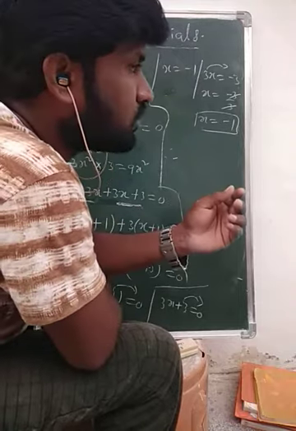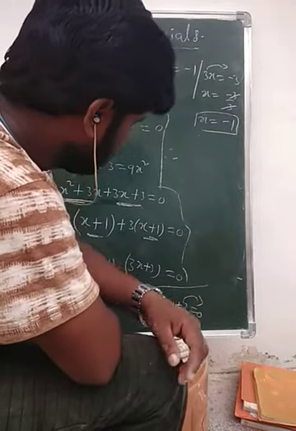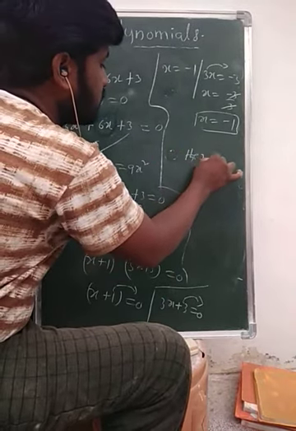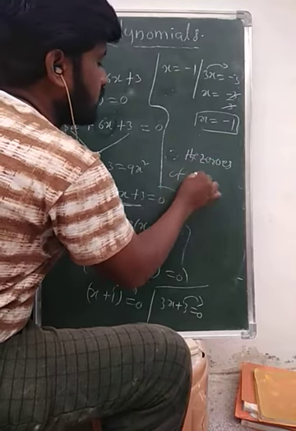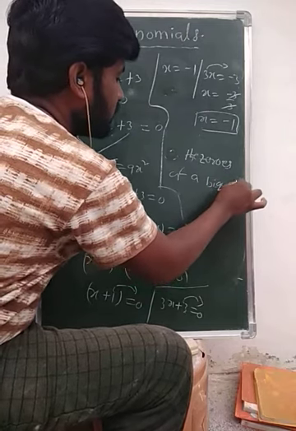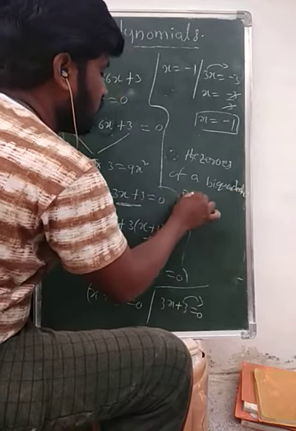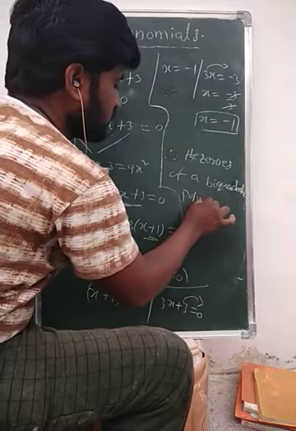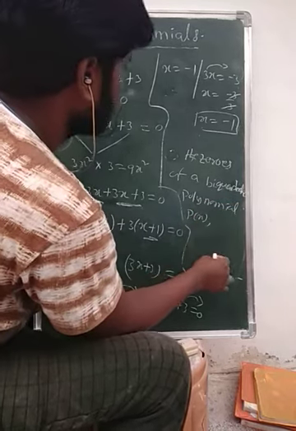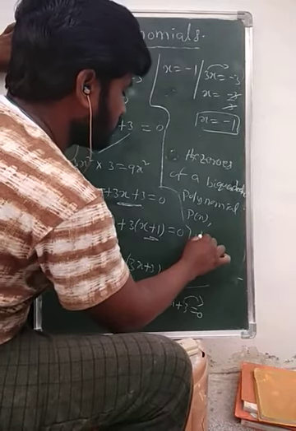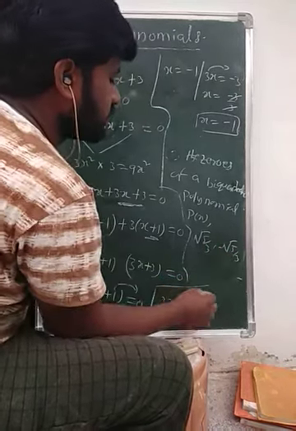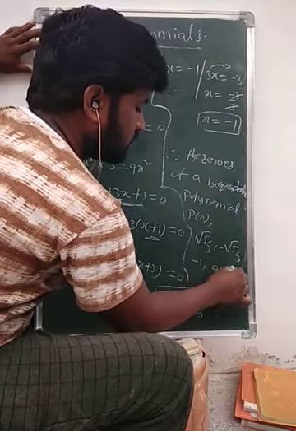So therefore we can say that the zeros of the biquadratic polynomial p of x are root 5 by 3, minus root 5 by 3, minus 1 and minus 1.